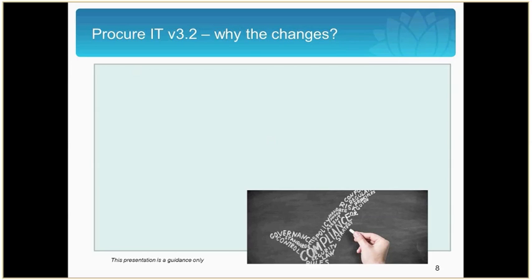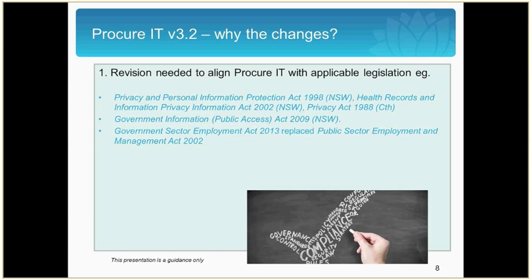So why the changes? Procure IT version 3.1 was used for ICT procurement since June 2013, so it needed revision to address various issues that had arisen since its release. In addition, the revision needed to align Procure IT with applicable legislation.